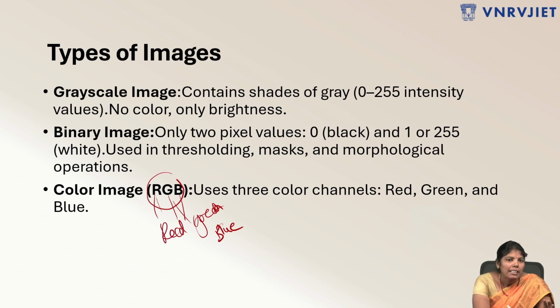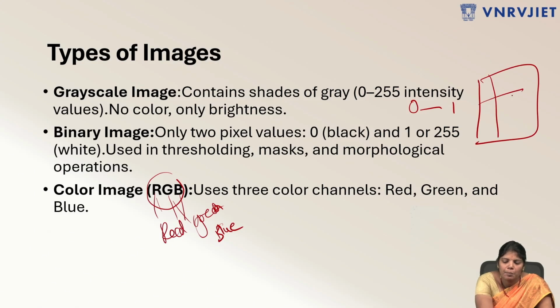In a grayscale image the intensity varies only between 0 and 1, meaning every pixel value is 0, 0.1, 0.2 and so on. The maximum value is 1 and the minimum value is 0, and the values lie only between 0 and 1.